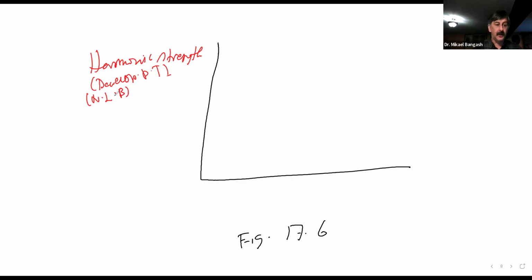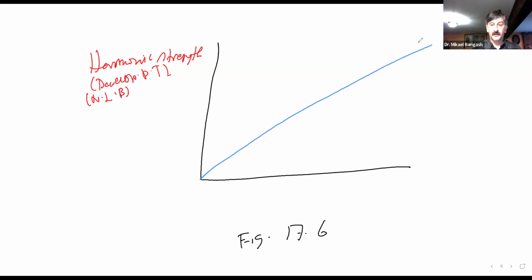Which mainly will mean that it will not be straight like this.